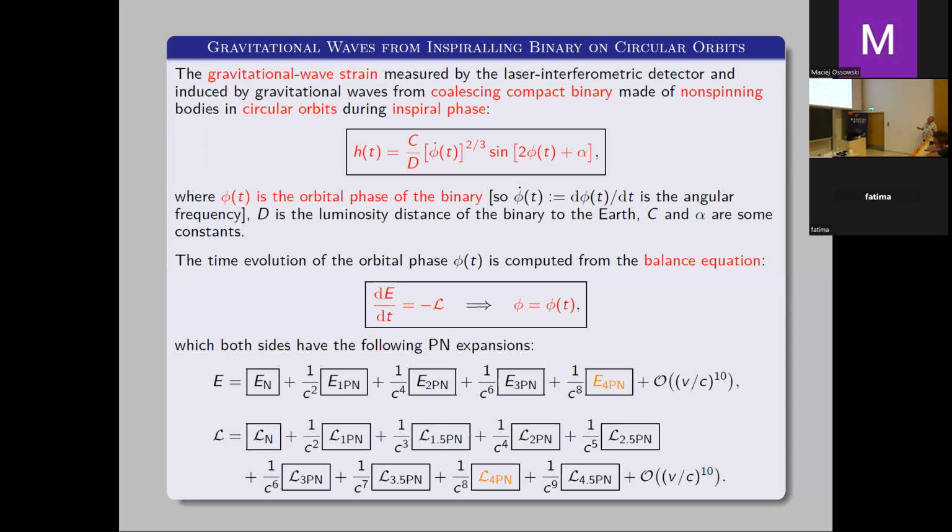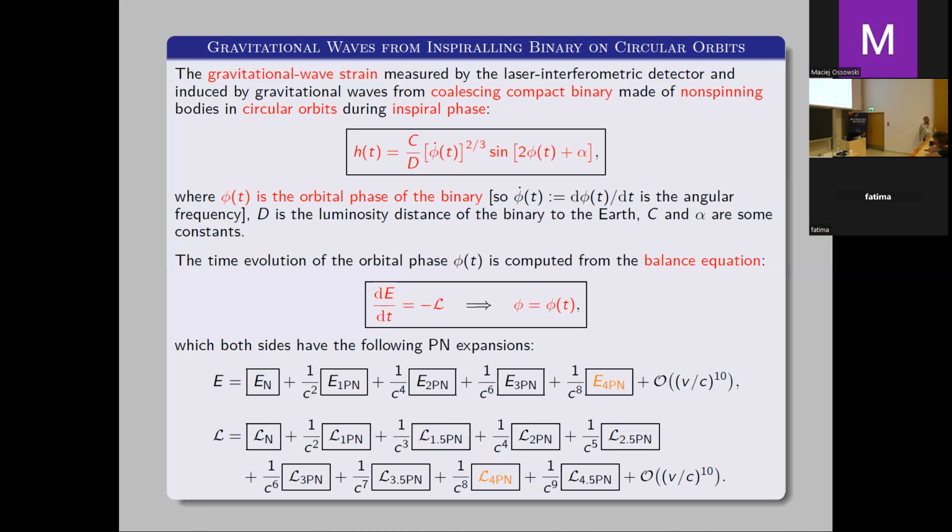And then the waveform is given by a very simple formula. It is a function of time, in fact the time measured at the detector location. And it depends only on one function of time, phi of t. And this is nothing but the orbital phase of the binary. That's all.